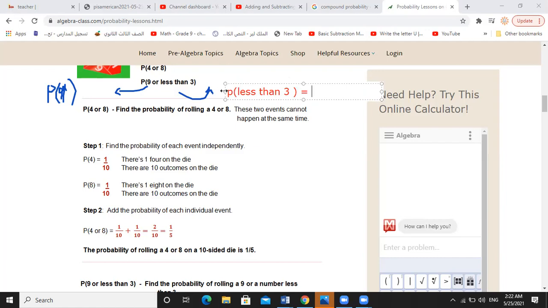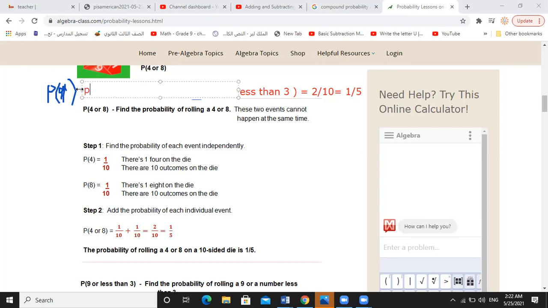So if I want to calculate the probability, it will be the numbers which you said over the total, which was how many? 10, right? So 2 over 10, and in simplest form it will be 1 over 5.